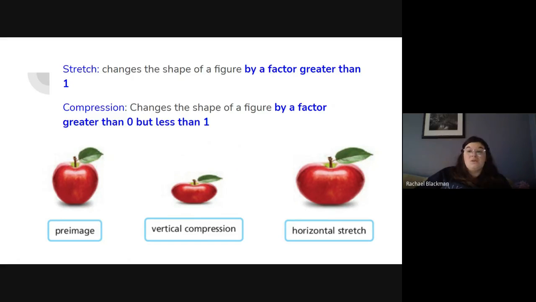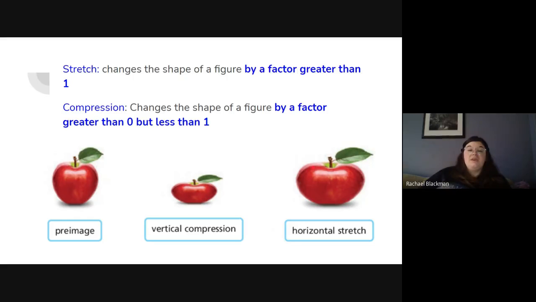Now take a look at your horizontal stretch, okay? Horizontally, obviously, this apple got a lot bigger, but the height didn't change, all right? So in our previous example, the height changed because it was a vertical compression.